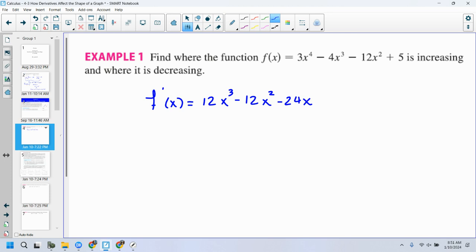So at this point, I can find my critical points pretty easily. I factor out an x. Actually, let's factor out a 12x, shall we? We get a 0 on the left side. We're going to get a 12x times (x^2 minus x minus 2). So that is 12x times (x minus 2) times (x plus 1).